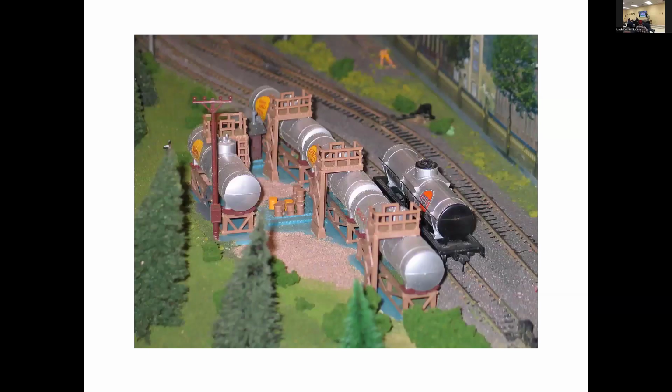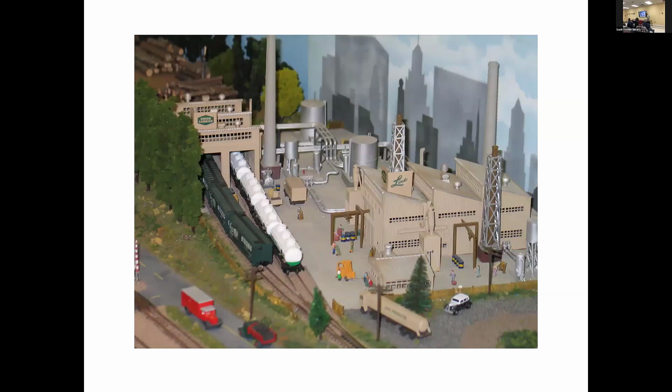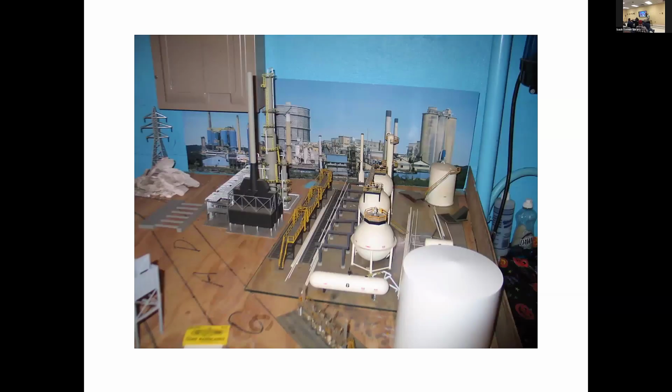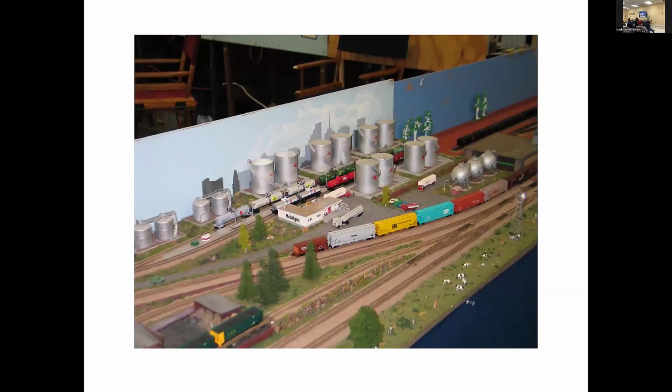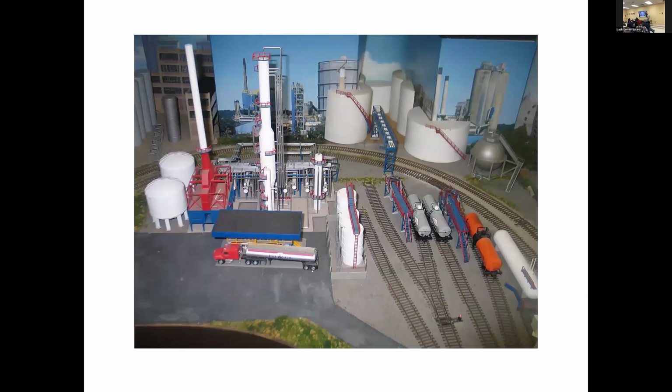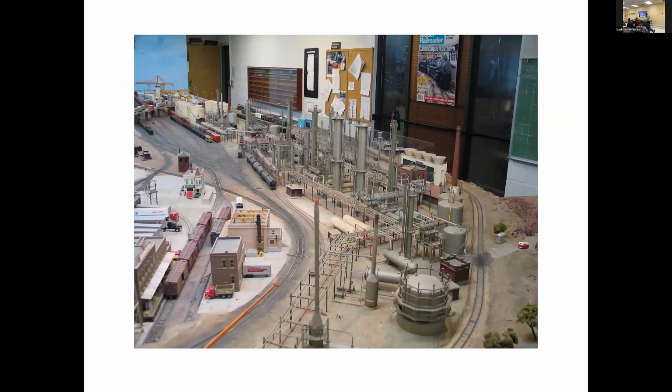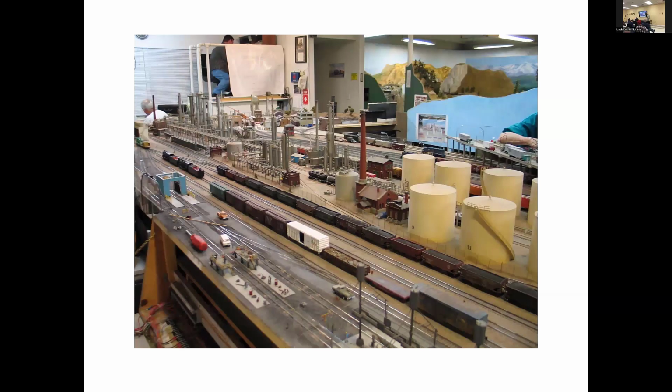So again, you can do some of this evaluation. So just ideas and examples. But when you start getting to refineries and stuff, then there's a lot to think about there.